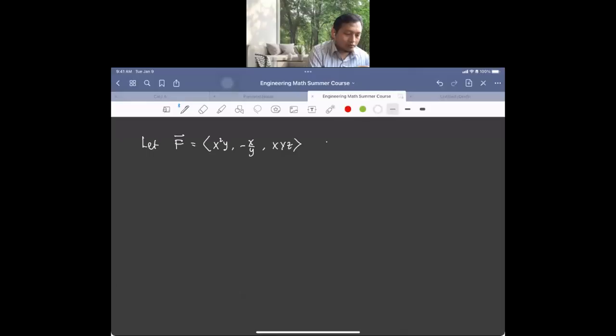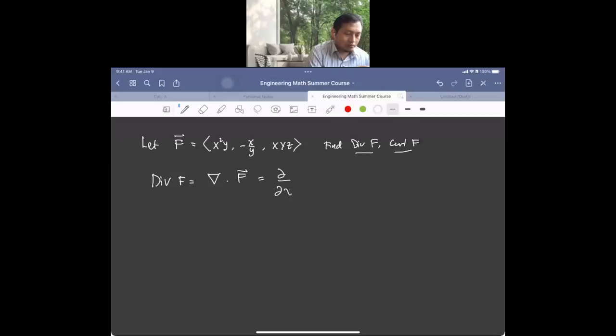So find the divergence of F and the curl of F. I start with the divergence because I think the dot product is practically easier than the cross product, right? So the divergence of F is del dot F.